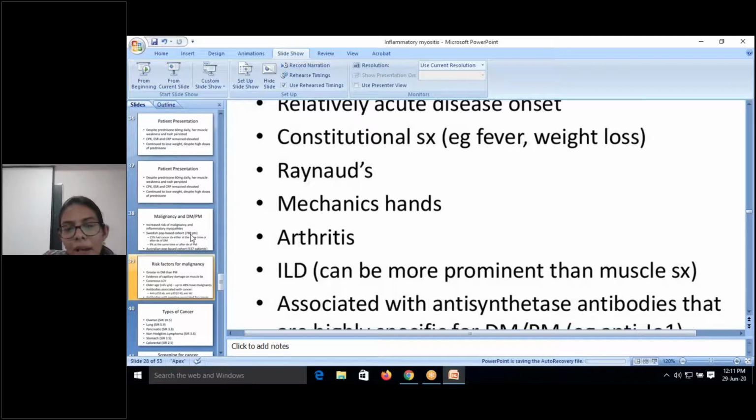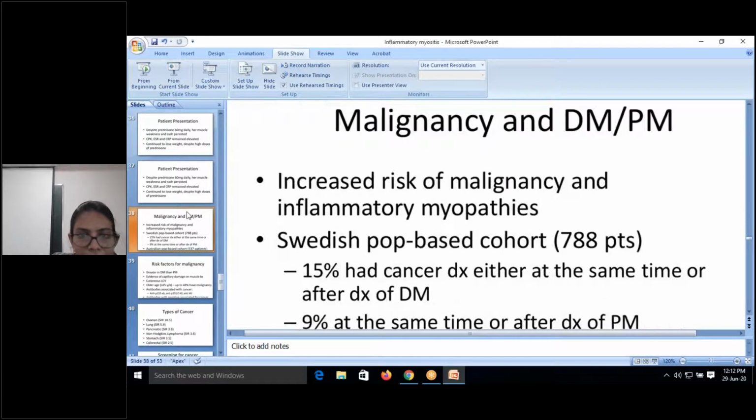Now, malignancy can be one of the features associated with dermatomyositis or polymyositis. There is increased risk of malignancy, and there are different types of malignancies which can occur in these patients. It differs according to the population.